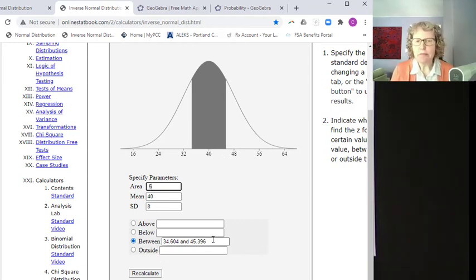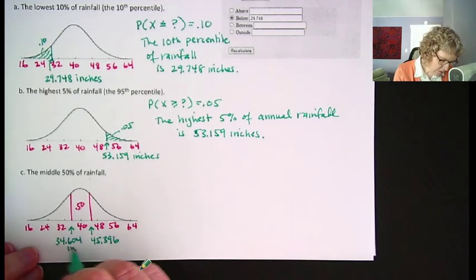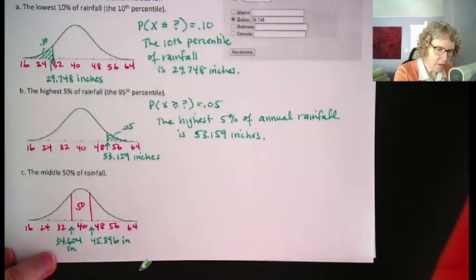And so this gives us the middle 50% or the middle 60% or middle 80%, whatever it is we're looking for. So here we have, let me write these down first, 34.604 and 45.396. So those are both in inches. Those are the cutoff scores for the middle 50%.